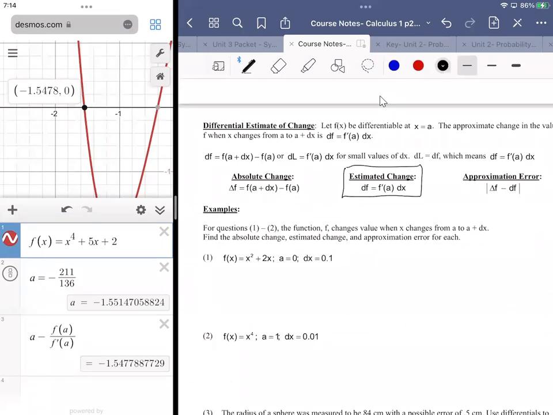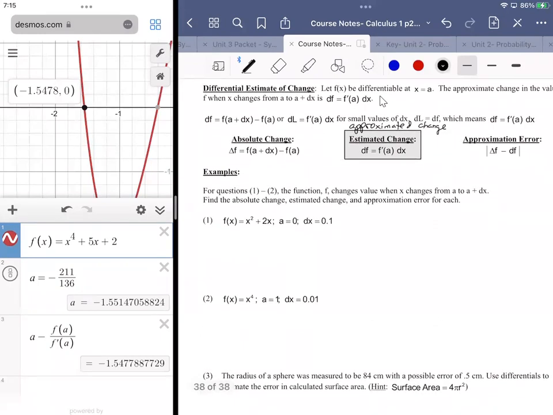the estimated change, also known as approximated change. I'm just going to change the instructions here.